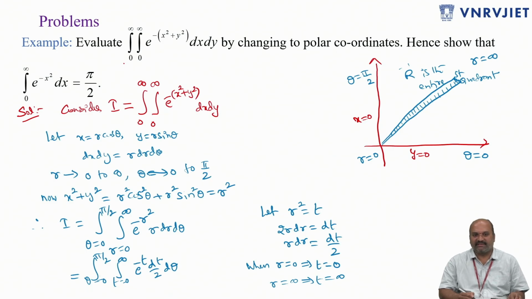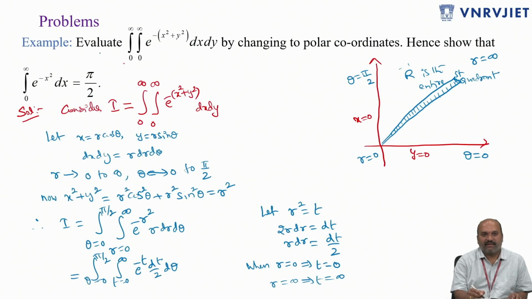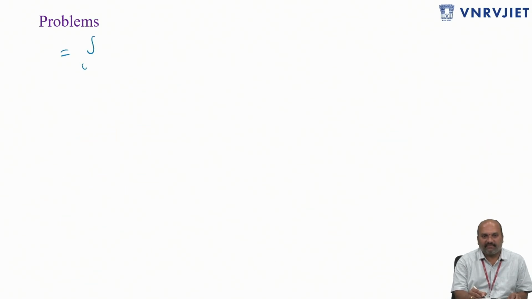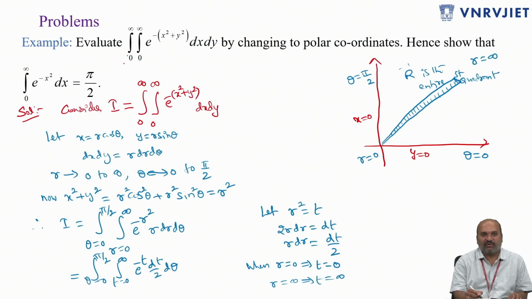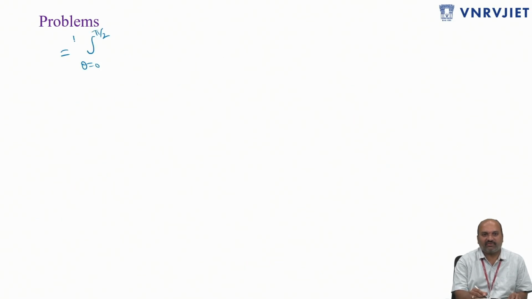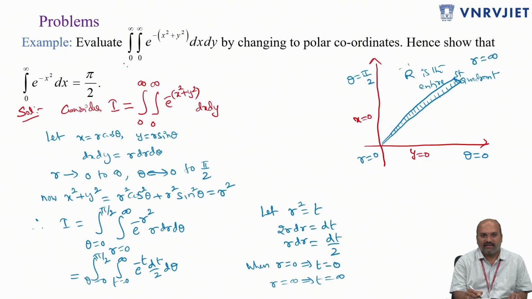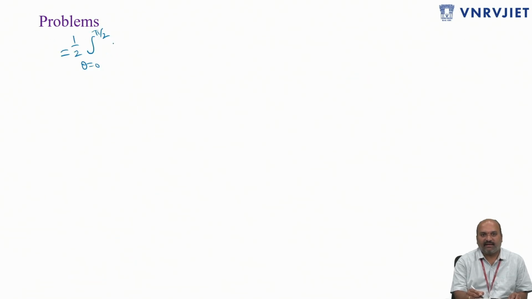Now let's evaluate this integral. Now 1 by 2 can be written outside. Next, the integral t varies from 0 to infinity, e to the power of minus t dt, and finally with respect to theta.